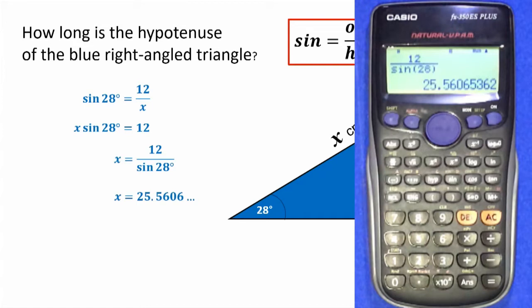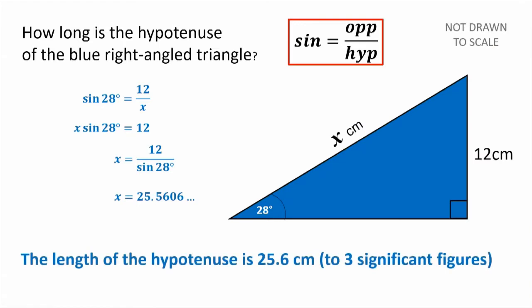Well, I'll round that off to 3 significant figures. And my final answer is that the length of the hypotenuse is 25.6 centimeters to 3 significant figures.